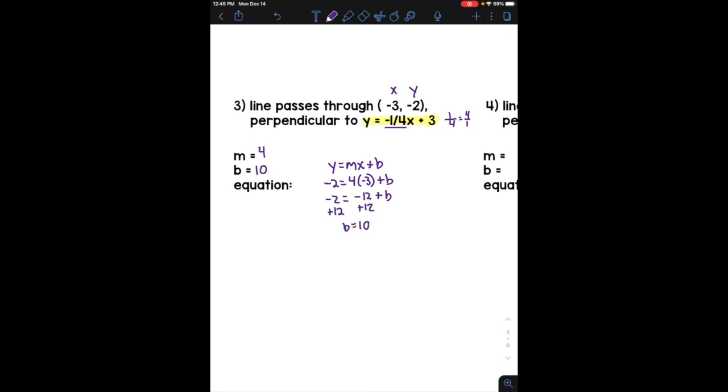I'm going to record it over on the left side, and we can now write our answer, y equals 4x plus 10. The equation that we just wrote is perpendicular to the equation in the directions.